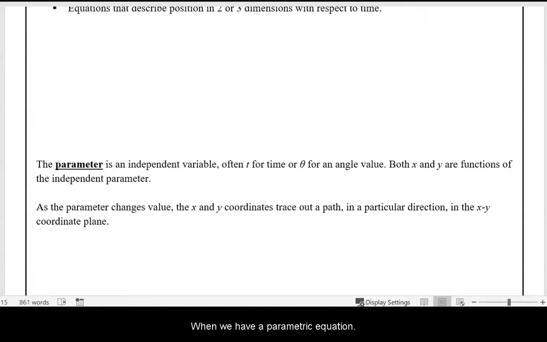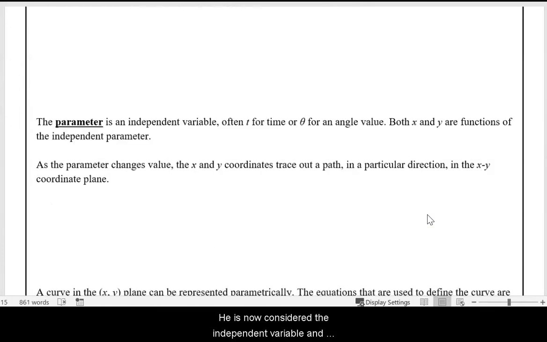When we have a parametric equation, we are rewriting the function, which was with respect to x and y, instead in terms of the parameter t. t is now considered the independent variable, and both the x and the y equation are considered to be dependent on t.